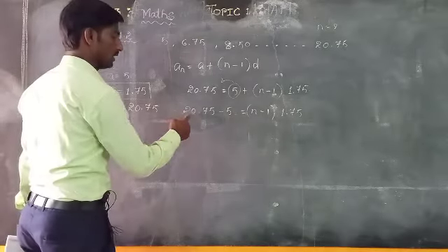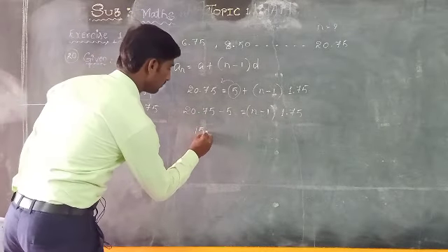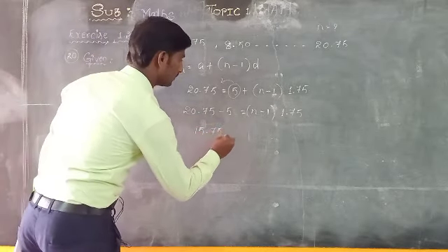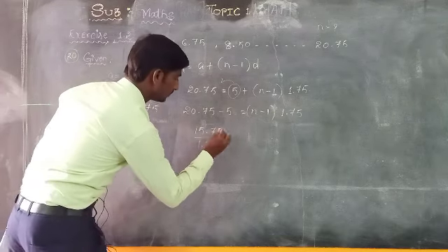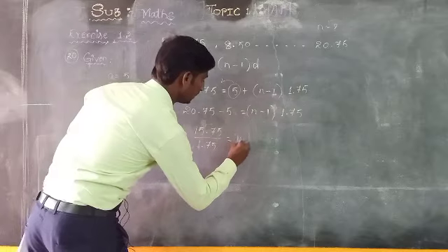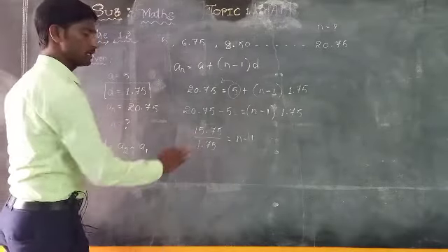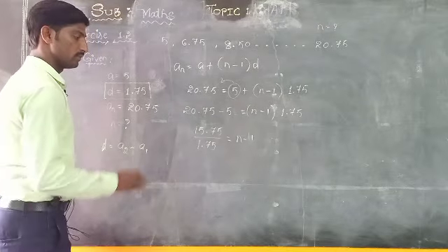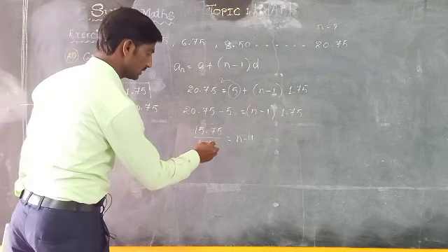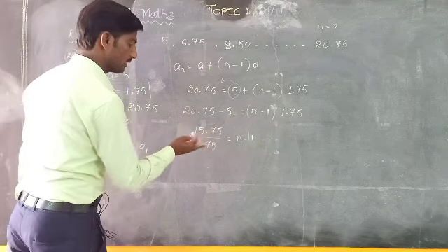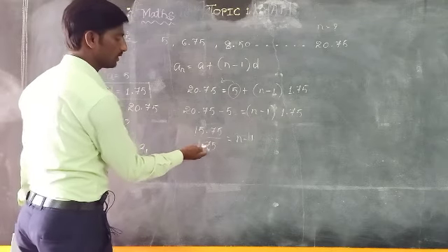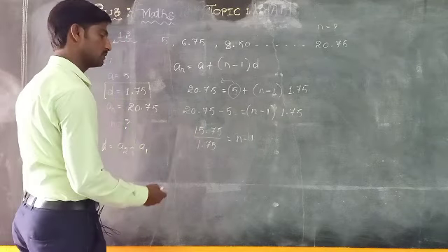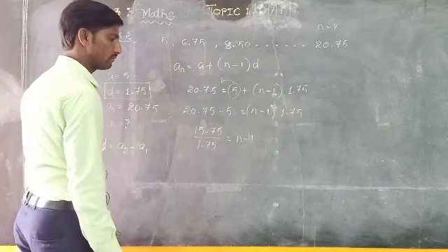Next, 20.75 minus 5 becomes 15.75 over 1.75 is equals to n minus 1. Forget the decimal point. Just divide those two numbers, numerator and denominator. Both numbers end with 5, so we just divide the given two numbers by 5.